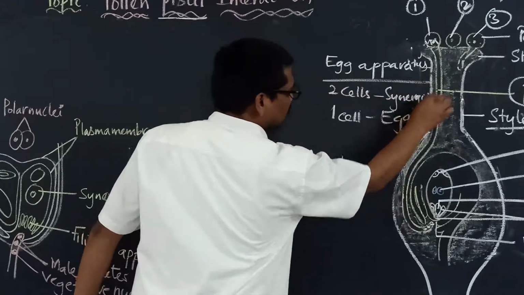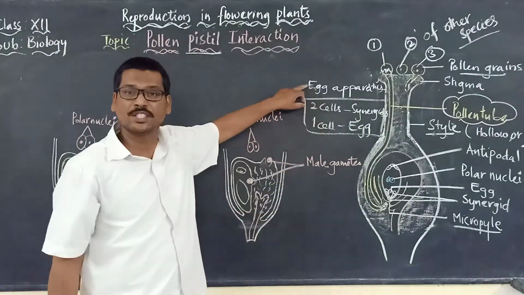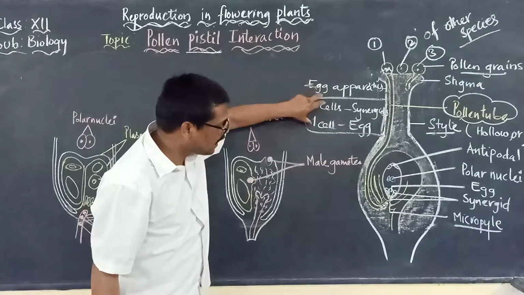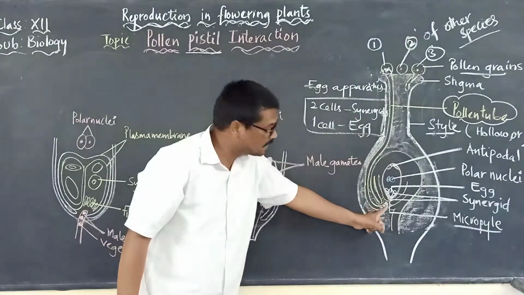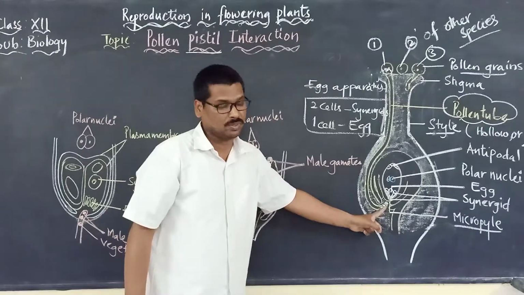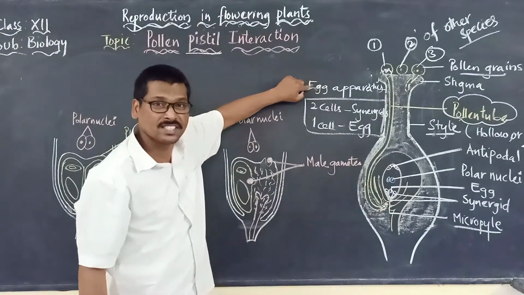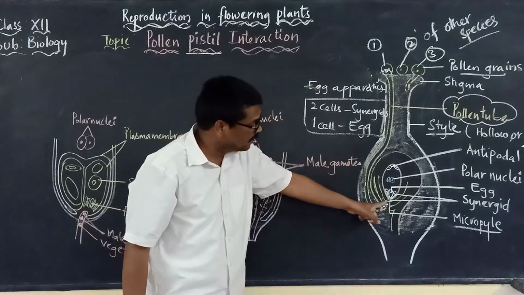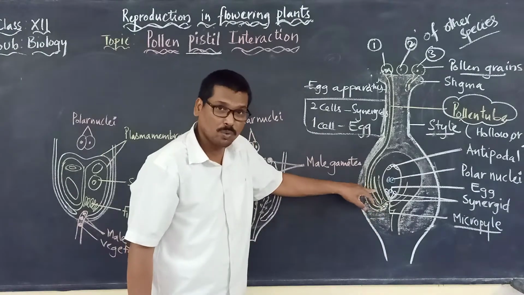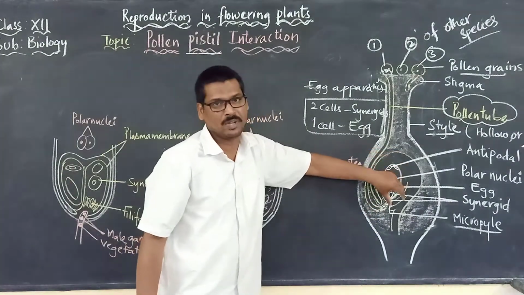So these three cells, two synergids and one egg, are called the egg apparatus, which is present in the embryo sac towards the micropyle of the ovule.